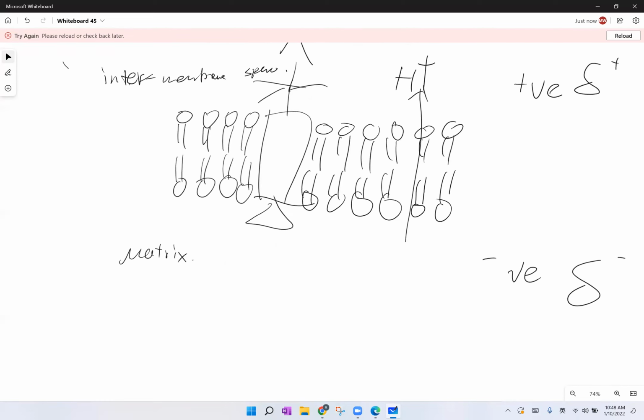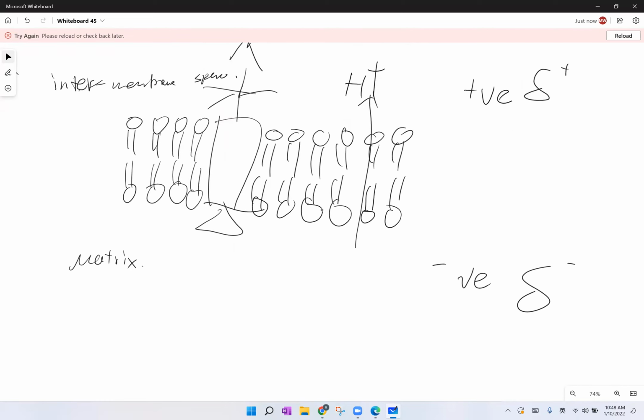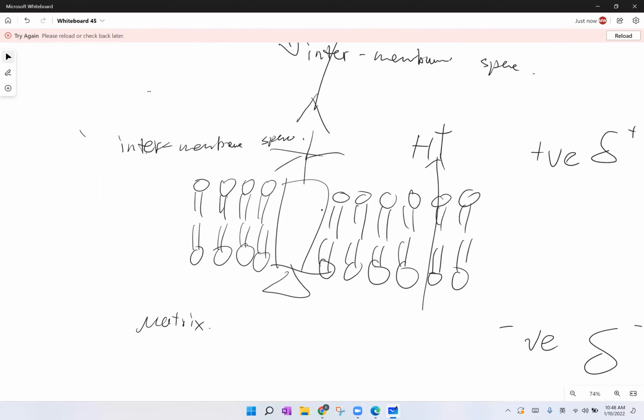What's going to happen now? There's a voltage difference, so there will be a current being generated. Direction of flow, either way, I don't care. This way. That's the direction and the movement of your electrons. They're going to move alongside the phospholipid bilayer.